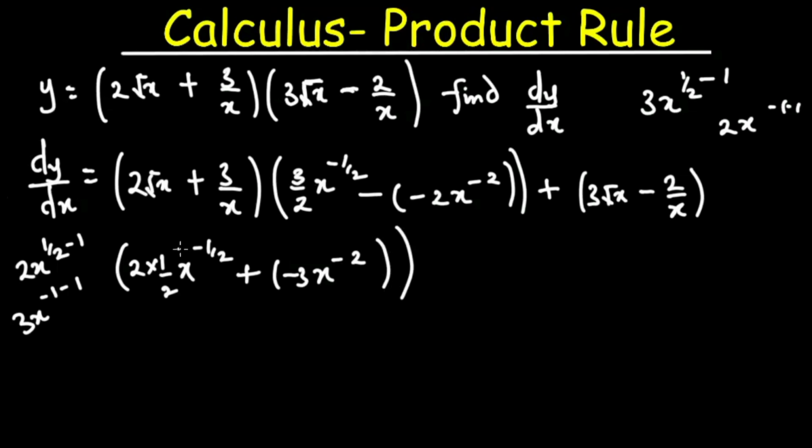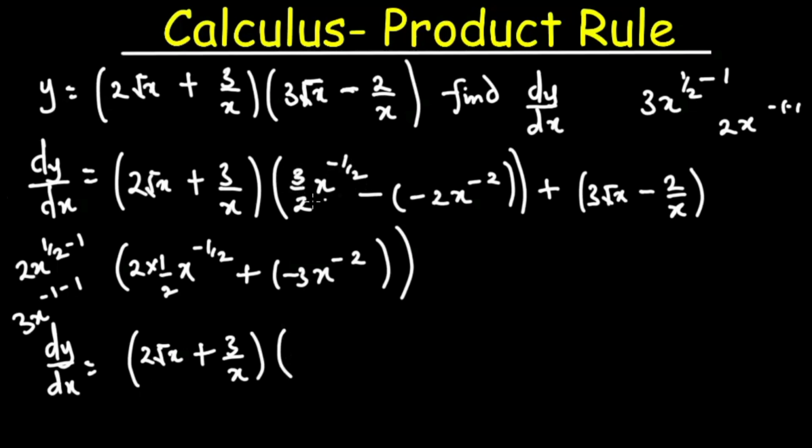Now for us to simplify, let's say dy/dx will be equal to 2 root x plus 3 over x. Now let's write this in form of square roots. So we can bring x down to the denominator and write x raised to the power half as root x. So bringing x down to the denominator, we're going to have this as 3 over 2 root x plus minus times minus plus. Now we're changing this x to the power of minus 2 to 1 over x squared.